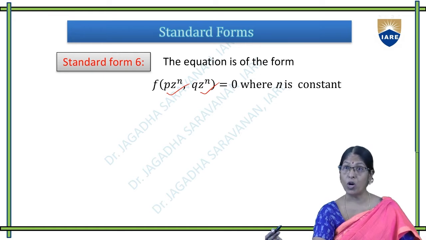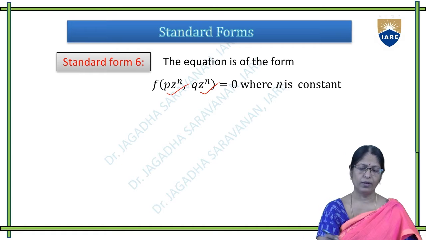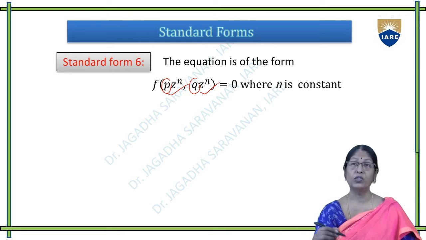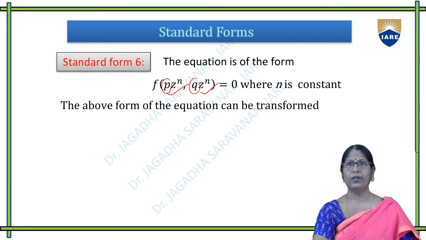Suppose in our question p and q have a power, we have to make some modifications to bring it towards this format. So now this is about the equation. What is the question we are asked to solve?